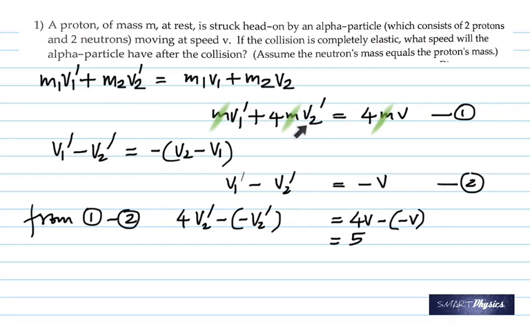Okay, we subtract to the left hand side. And surely the v1 primes get cancelled when you subtract one from the other. So you get 4v2 prime minus of minus v2 prime. And on the right side you have 4 times the velocity, again minus velocity. Now remember, two negatives make a positive.